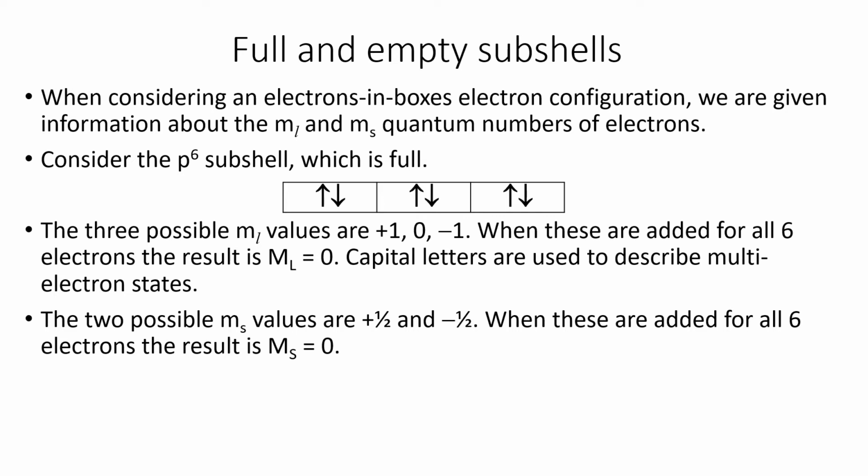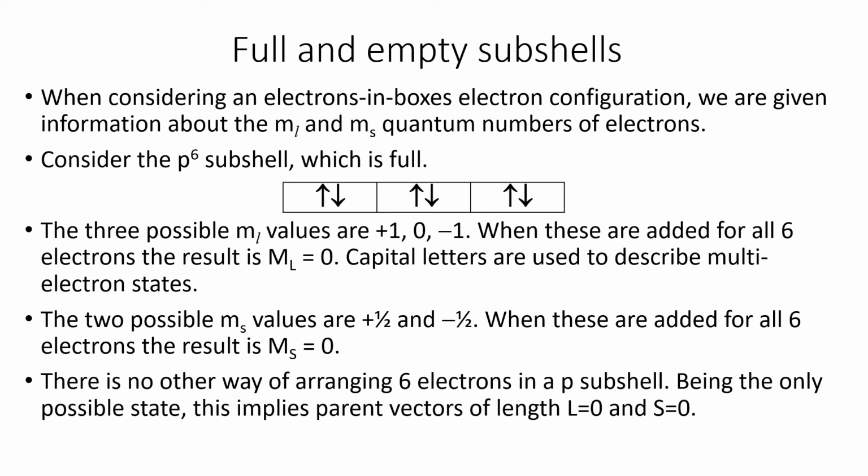Once we work out this resultant, in terms of the projection of the angular momentum, we then ask ourselves, what must be the parent capital L and the parent capital S vectors which give us these projections of 0? Since there's no other way of arranging 6 electrons in a p subshell, M_S equals 0 and M_L equals 0 are the only possible values we can have for these quantum numbers, and so that implies that the parent vectors are capital L equals 0 and capital S equals 0.